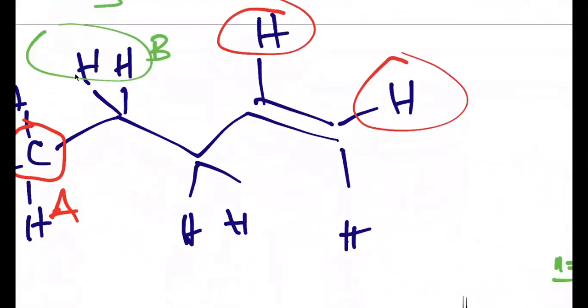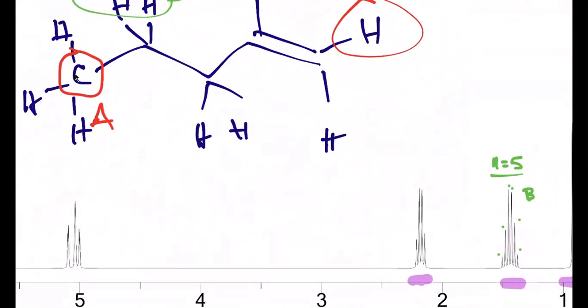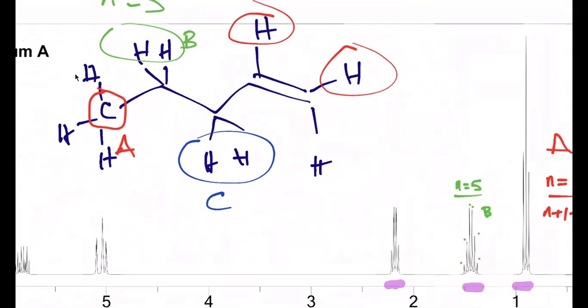Now the other set of protons down here is a foregone conclusion, right? It's got to be these, because we already picked out the other 2. We'll call it C. Well, how many neighbors does that have? 3. Good. 1 here on the alkene, and then 1 next door, a CH2 next door.